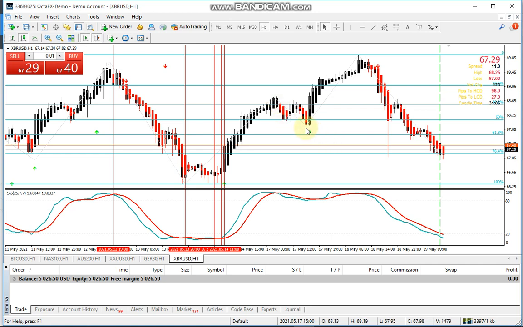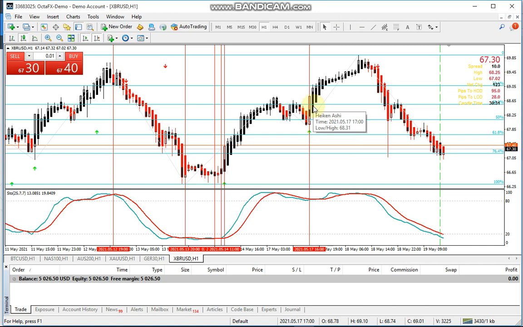Now looking at this region also, let's see. Okay, it closed here, right? So now we are looking to see. I will actually take this bearish trade, which didn't last, but I'll be lucky enough to catch the other trend, because if you take a look at it, it crossed.